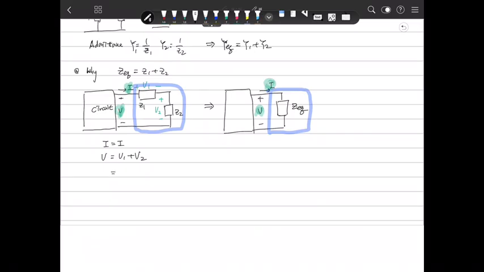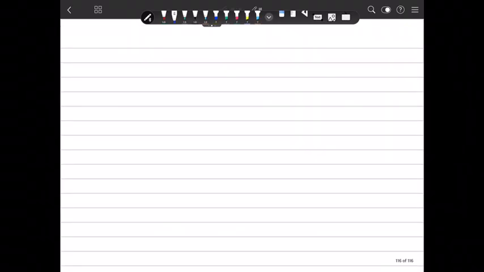Right, and V1 is Z1 I plus Z2 I. Therefore, this can be represented as Z1 plus Z2 times I. Then we can rewrite V as Z_EQ I. Therefore, if this V and I are the same as that V and I, that means the variables are the same, so Z_EQ is Z1 plus Z2. Therefore, in the series case, you can add all impedances to make an equivalent impedance. How about the parallel case?